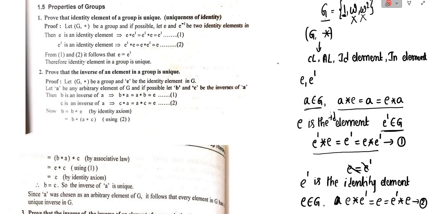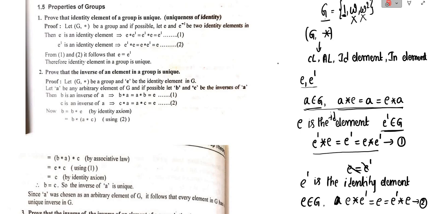Once again, observe. This is the identity law. That means, A belongs to G, A star E equals A equals E star A. Here E is the identity element. Why are we taking E as the identity element? Because any element star E equals that element itself.